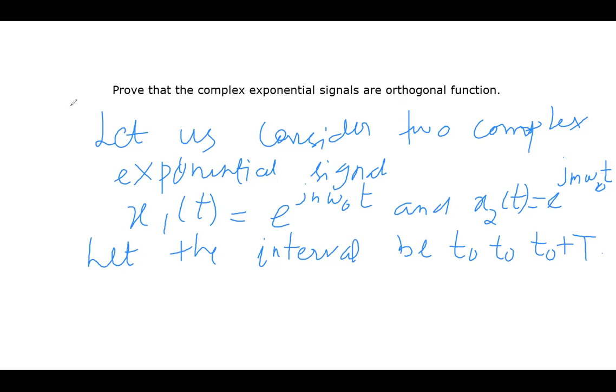So within this interval, we can also say that this limit from t0 to t0 plus capital T is given by 2 pi by omega naught, where omega naught is the fundamental frequency.